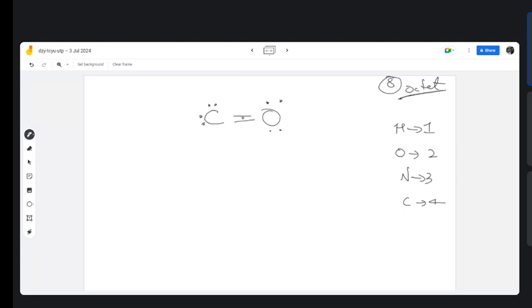Out of 4, 2 got used up. How many more does it require? 2 more, meaning 4 electrons. See, guys, CO is different, CO2 is different, CO1 minus is different. All these things are different. I'll teach you for almost all of them, but today I'm just trying to give you a basic idea of how it works.